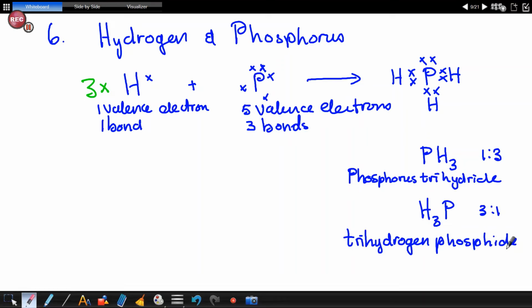You see, the name of the element that you write last changes, like hydrogen changes to hydride, and if you write it this way, phosphorus changes to phosphide. You'll find that rule in your textbook somewhere.